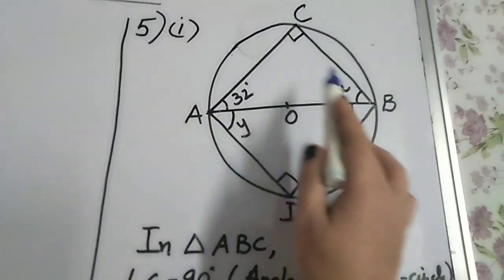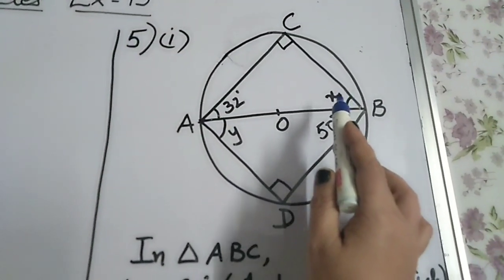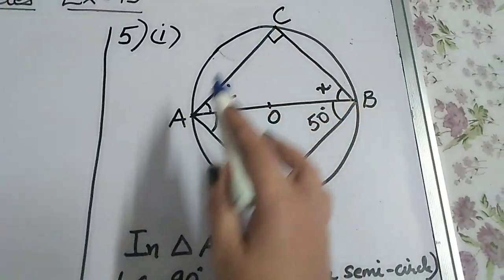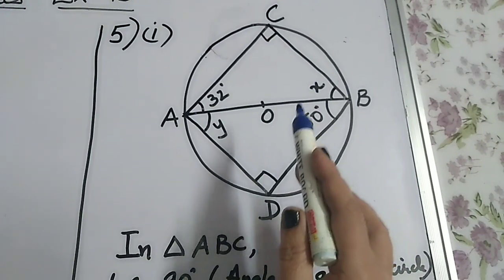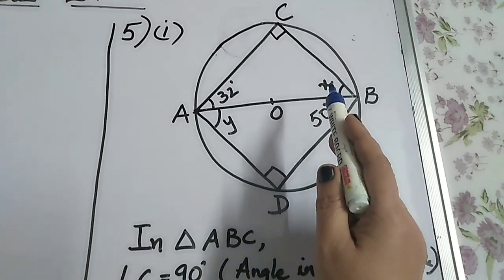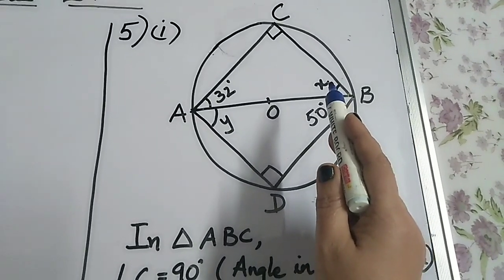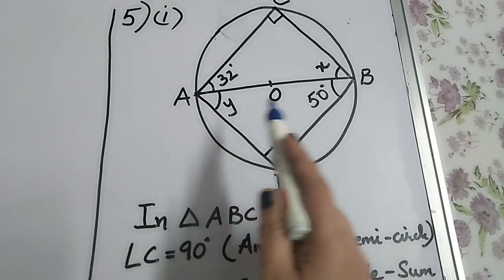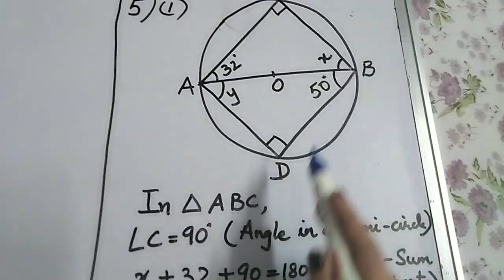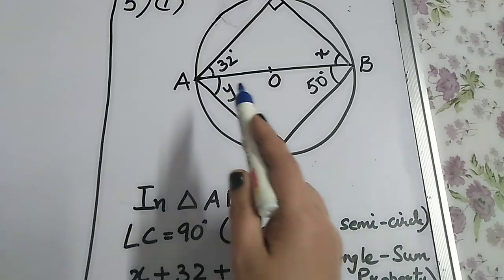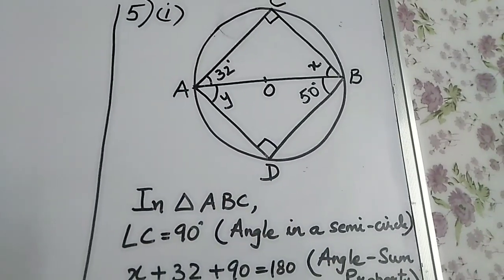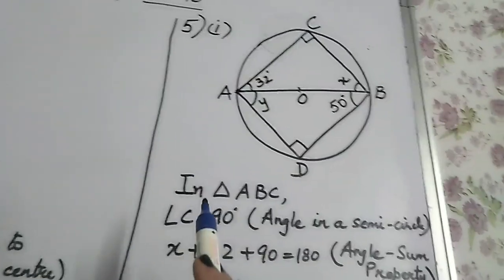Now it becomes very easy to find x, children. Look at this triangle and we know the angle sum property, that the sum of angles of a triangle is 180 degrees. So 32 plus 90 plus x is equal to 180, and you can find x. Similarly, in triangle ABD, the sum of all angles, 50 plus y plus 90, is equal to 180 degrees.